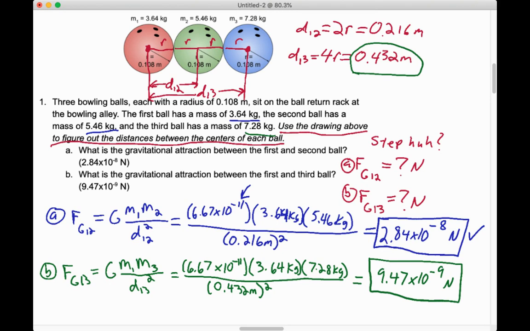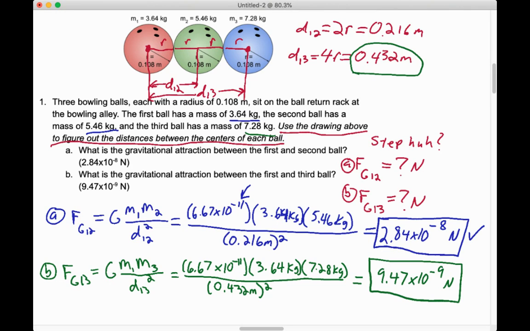Does that make sense? Well, let's think about it. So comparing part A to part B, both of them involve the first bowling ball, mass 1. Part A involves the second bowling ball, and part B involves the third bowling ball. And the third bowling ball is actually more massive than the second bowling ball, which might lead you to believe that the force of gravity between that one and the first one would be greater.